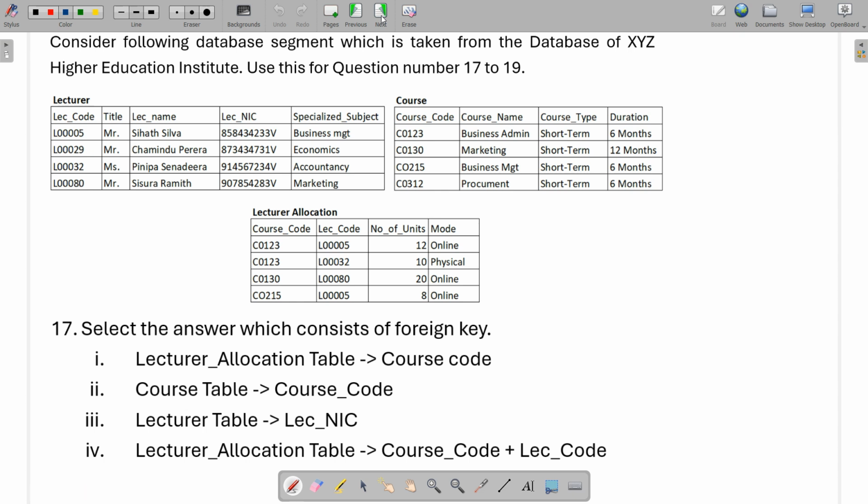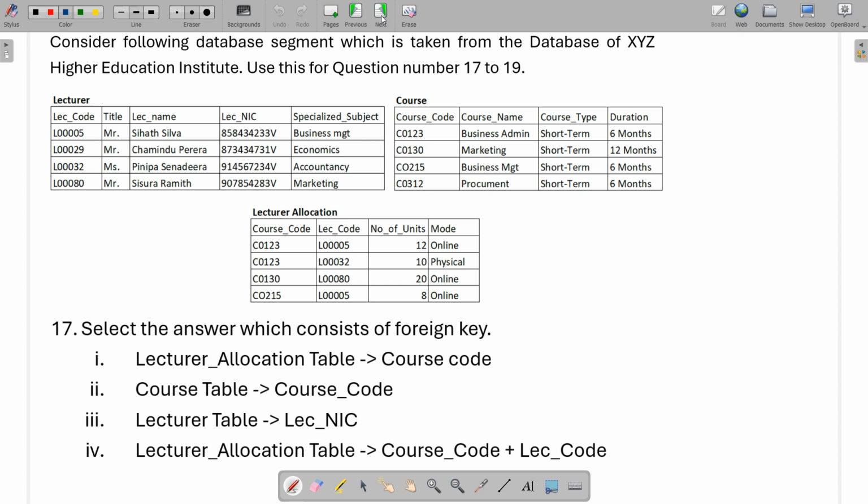For 17 to 19, you have to go with the tables that are provided to you. Select the answer which consists of foreign keys. How are we going to recognize a foreign key? The concept of a foreign key exists because the primary key of one table is going to represent another field.